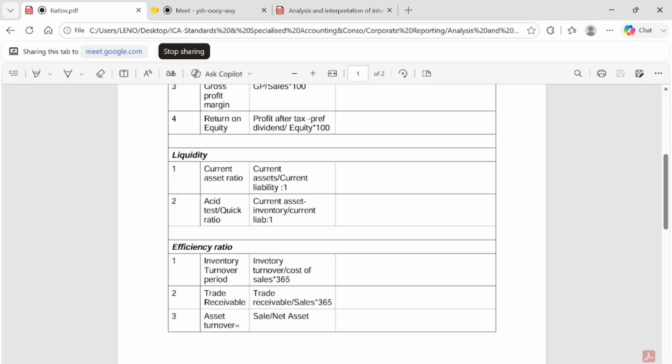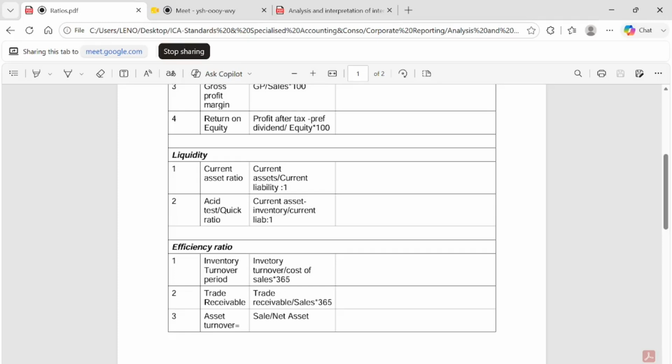Ideally, it is said that your current asset ratio should be at least 2:1. You understand? It shouldn't be too small, and it shouldn't be too big either. When it becomes very big, there is a problem. It means you are holding a lot of money or your inventory is so big.